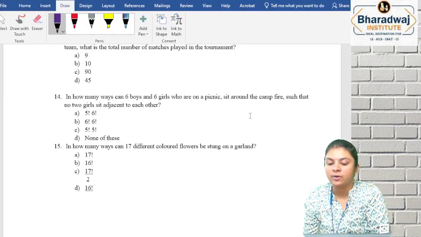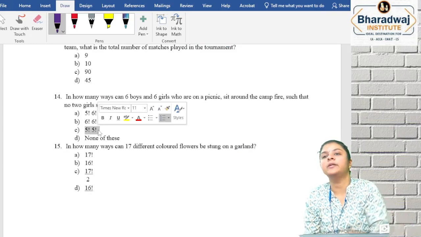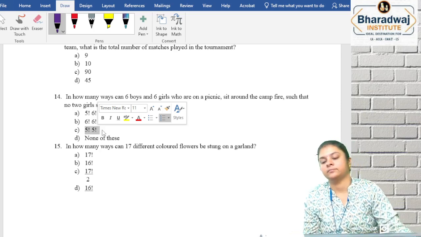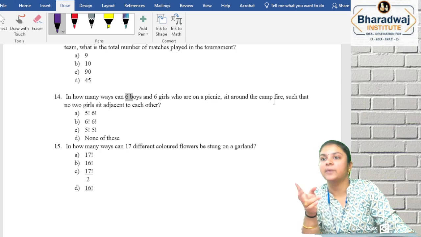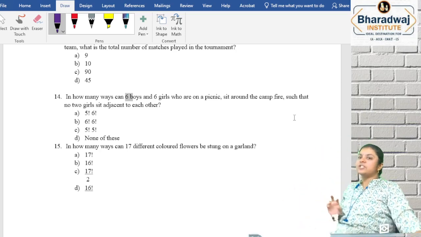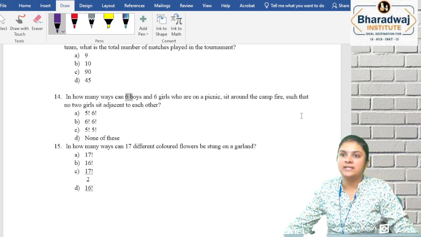So the answer is 5 factorial into 5 factorial. This is applicable only when the number of boys and girls are equal. If they are not equal, this will not apply, but they will not test you on unequal proportions in circular permutation. They will test you only in straight line combinations.